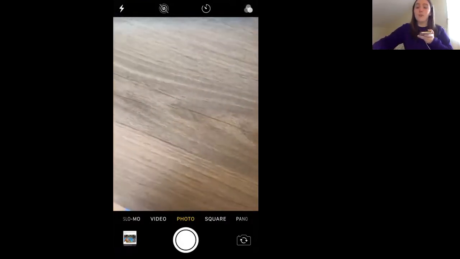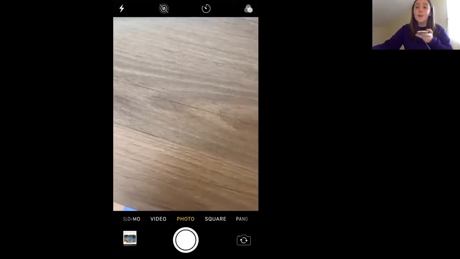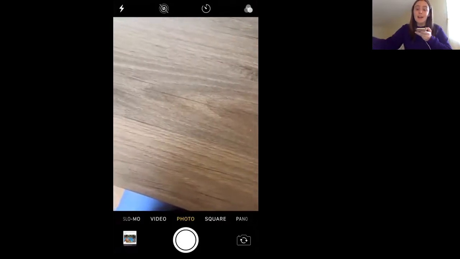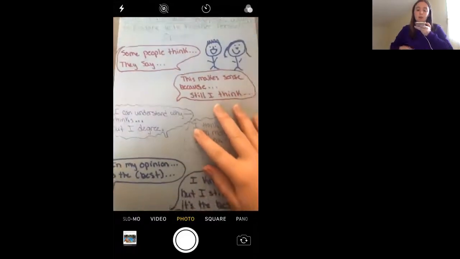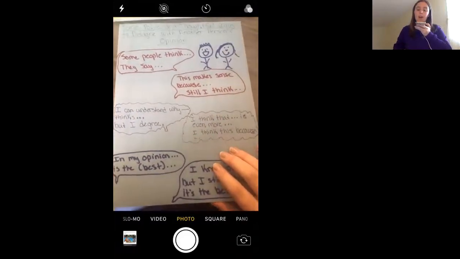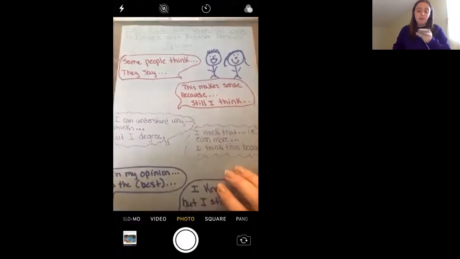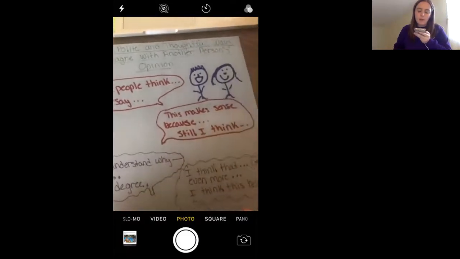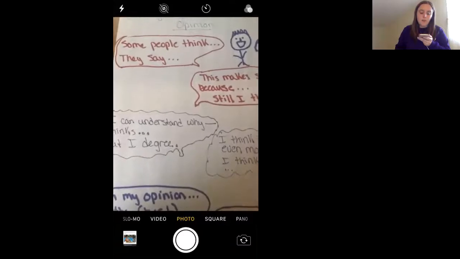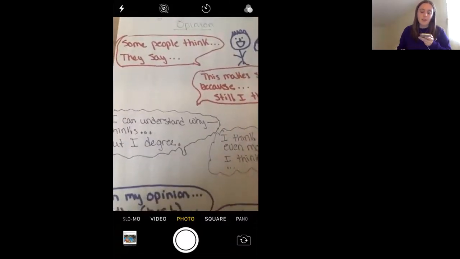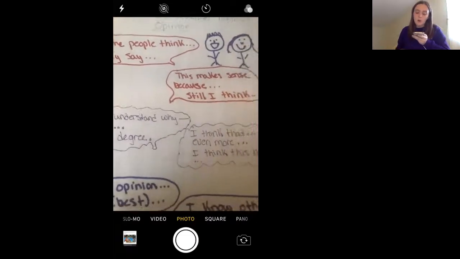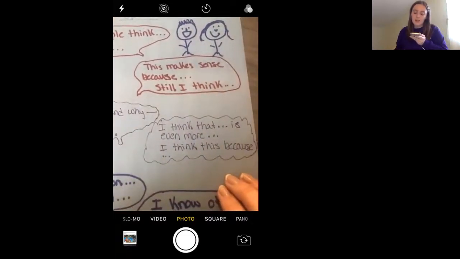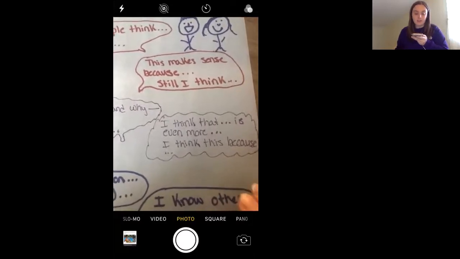Okay, I hope you reread your review and have a good idea about how you can compare it to others. Before you go off and write on your own today, I'm going to show you a chart that we went over back when we were comparing our collections to one another. These are some polite and thoughtful ways to disagree with another person. One way you can say is, some people think this and they say this. Or, this makes sense because, but I still think this.